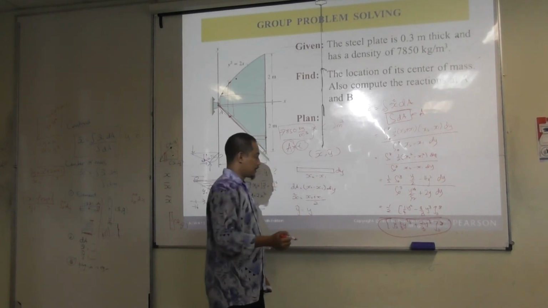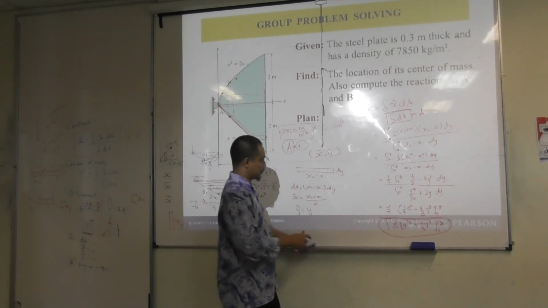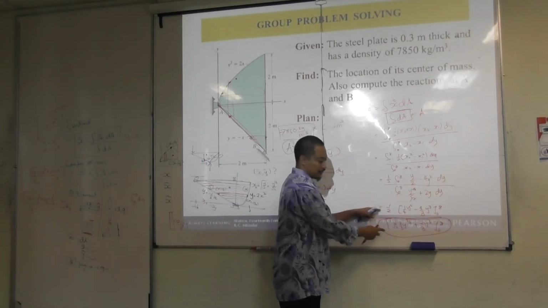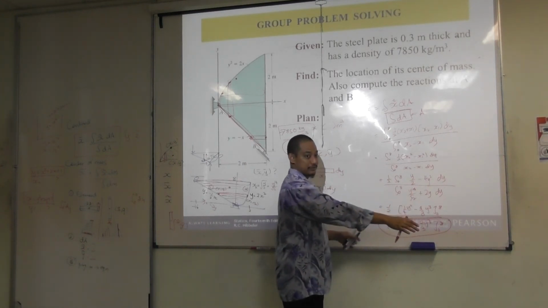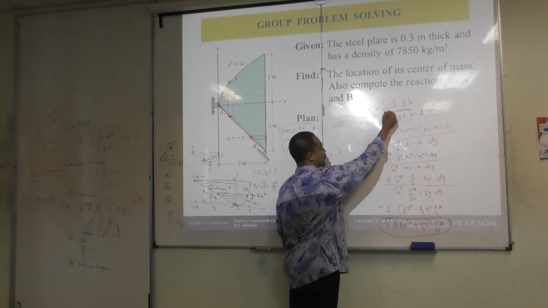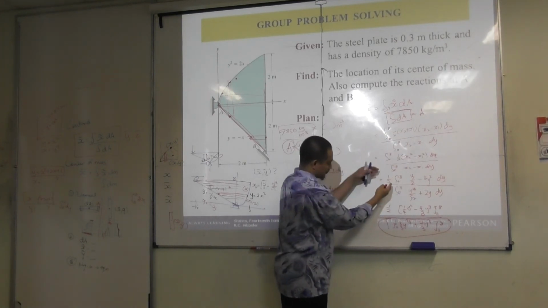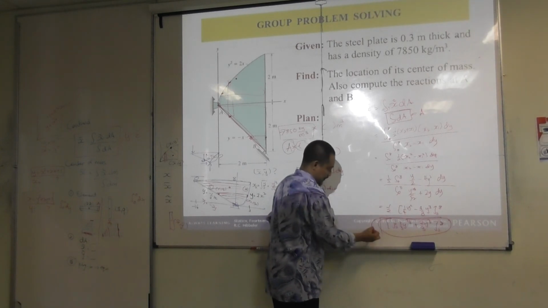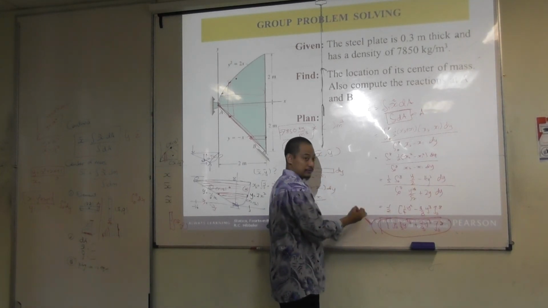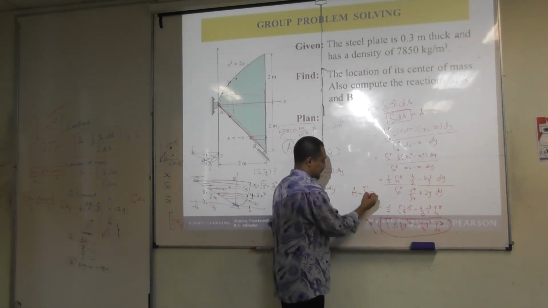So the best is if you do not mix until the end. If you already mix, then how you bring down is already different. Meaning it's no longer this one, right? You already combine, right? But if you do separately until the end, only then you divide or whatever, this is already area. Because A is integration of dA, right?